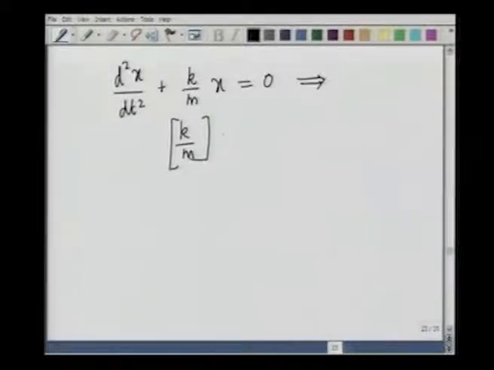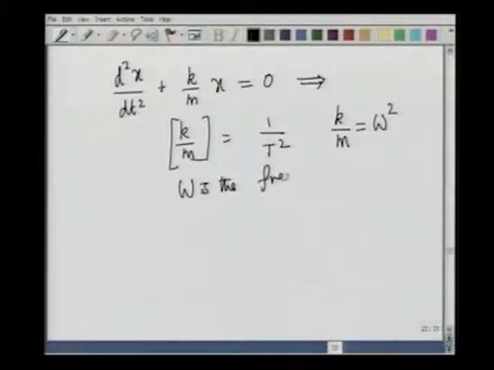Can somebody tell me? Is 1 over t squared, because x and x have the same dimension. So, you look at it and you define a new variable, namely k by m is equal to omega squared. Omega is the frequency. I hope all of you appreciate what I am doing.